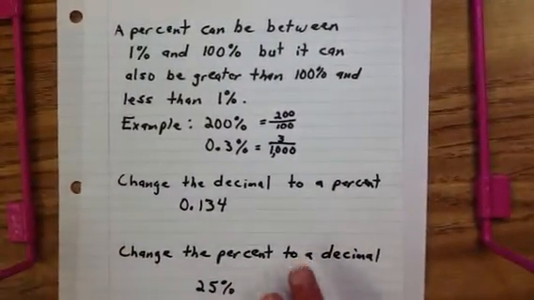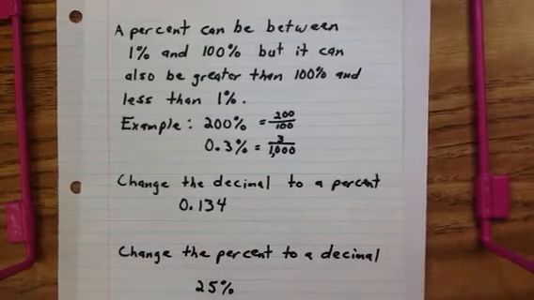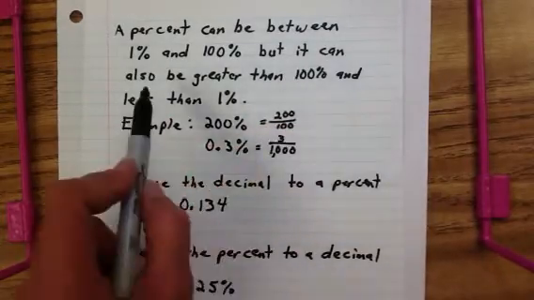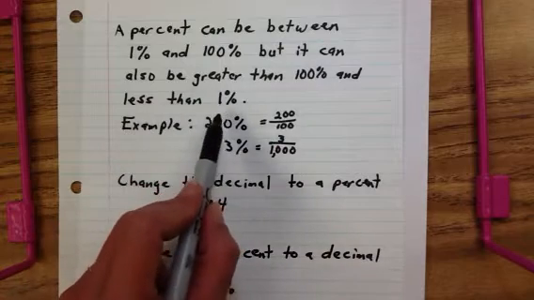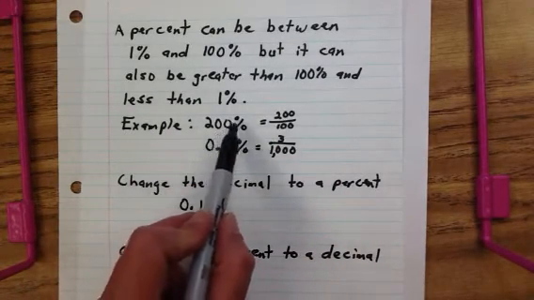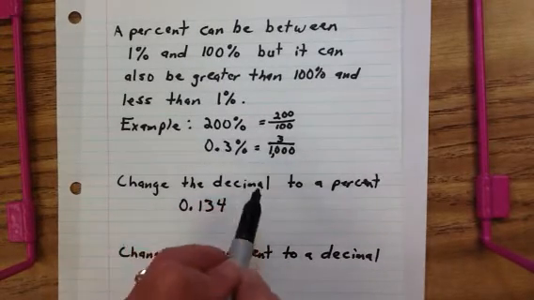Okay, a percent can be between 1% and 100%, and that's most common. However, it can also be greater than 100% and less than 1%. So here's a couple examples. 200%. Well, how would we represent that per 100?